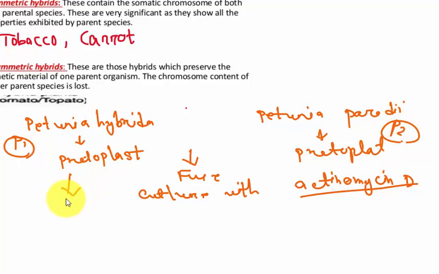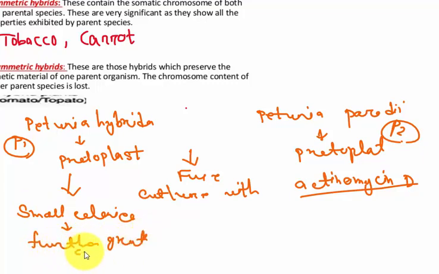This parent will form small colonies, and after that there will be no further growth; further growth ceases. In the parent 2 case also, there will be no division and no growth.